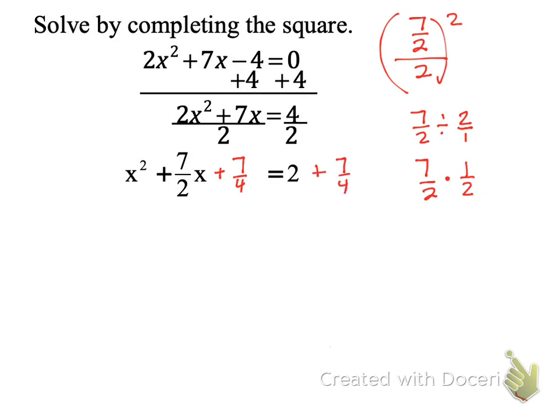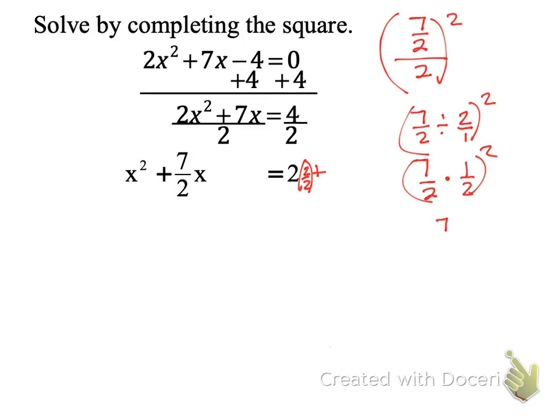Now over here, I'm going to have to multiply by 2 over 2, right? Did I square it yet? No. I'm not doing that yet. I made a mistake. So it's 7 over 4, but then remember we had to square it.